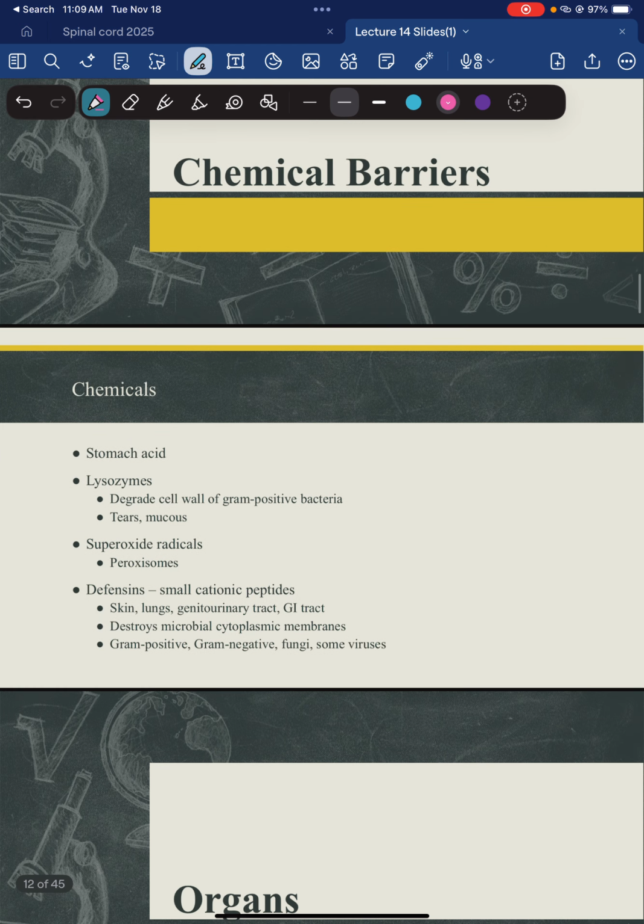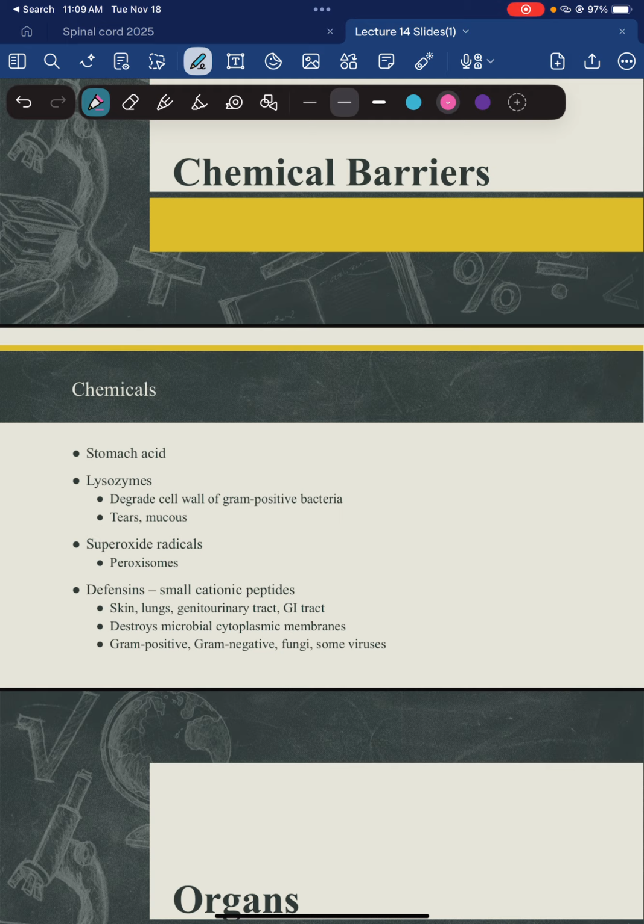Again, we've seen most of those already, with the exception of the associated lymphoid tissue like MALT and GALT. But those are pretty straightforward in what they do, and you'll understand them even better once we get through some more of these concepts. Chemical barriers, again, you've seen all of these before. We've talked about them. We have stomach acid, very, very acidic. Very few things can live in there.